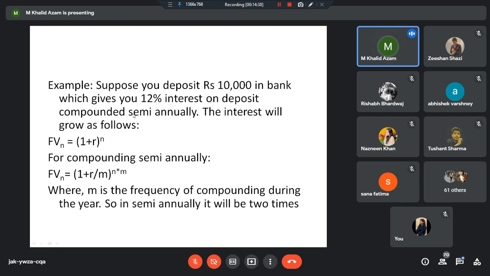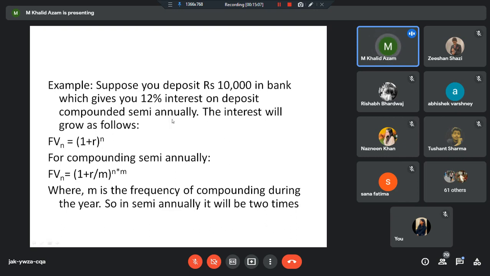Here it is semi-annually, so the rate will be divided by 2, and the period will be multiplied by 2, because you are going to calculate it twice during the year. So the number of years will be multiplied by 2 in this case.